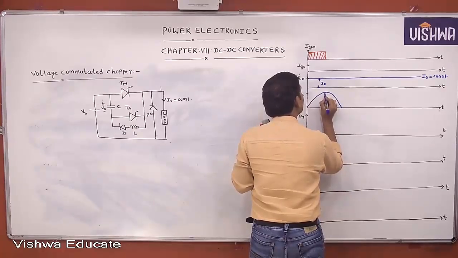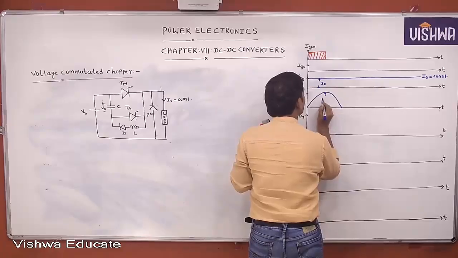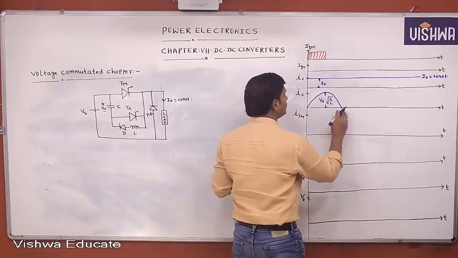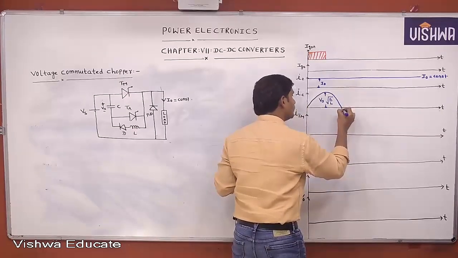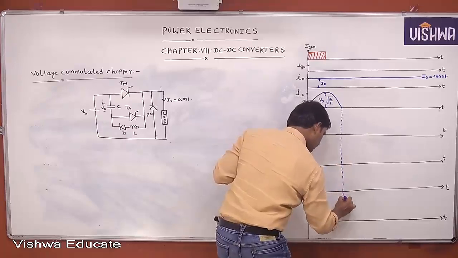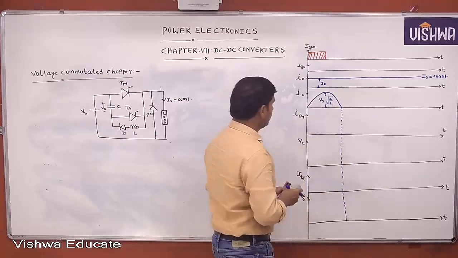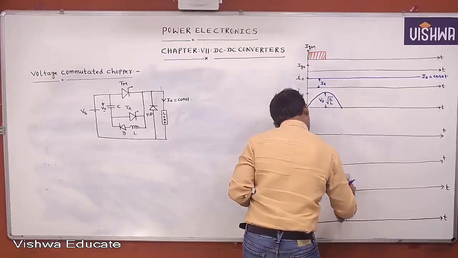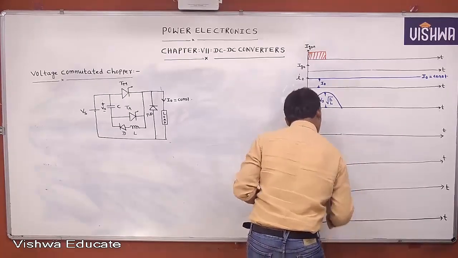What is the peak value of the current? Vs times the square root of C by L. The nature of the current in the LC circuit is sinusoidal oscillation.